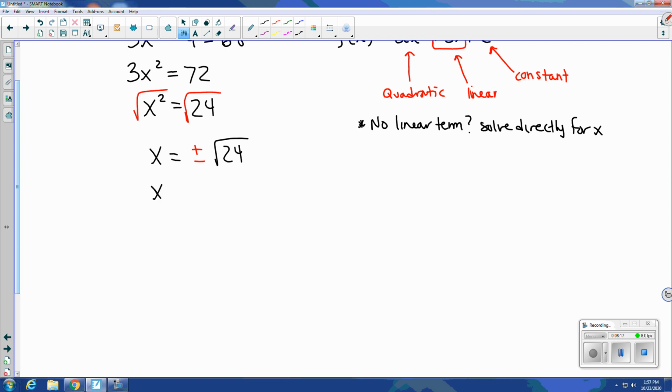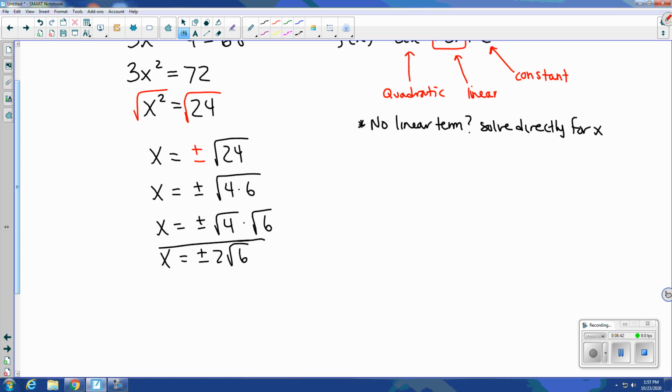So we can rewrite that square root as 4 times 6, because 4 is the largest perfect square that goes into 24. Then our radical properties tell us that I could break this into the square root of 4 times the square root of 6. And what's the square root of 4 but 2? So we were able to simplify the radical 24 into plus or minus 2 square root of 6.